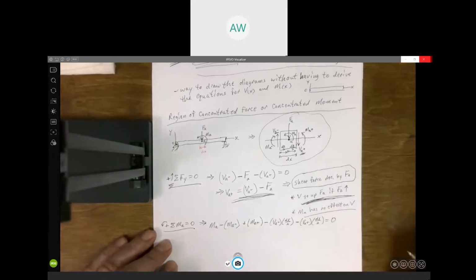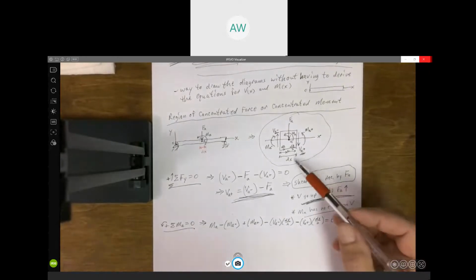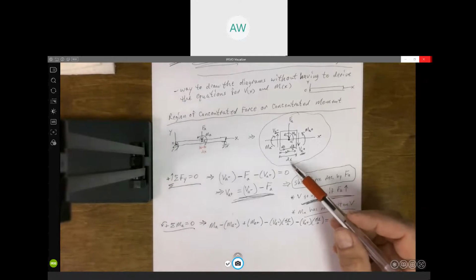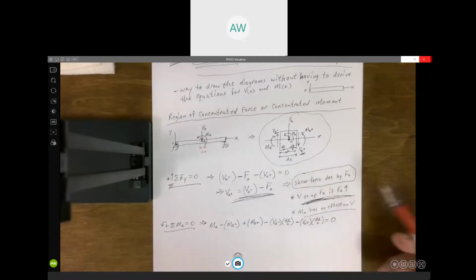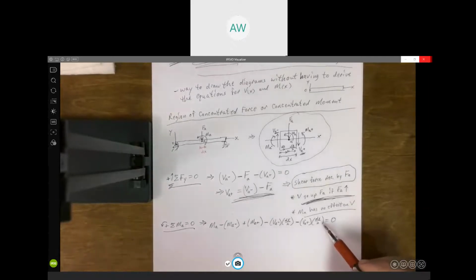All right, now these have to add up to 0. Well, here's where we can do something nice, and that is dx is infinitely small. So dx over 2 is even smaller than that. You take something infinitely small and divide it by 2.